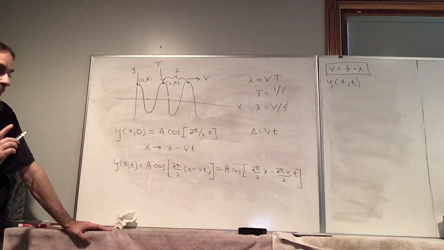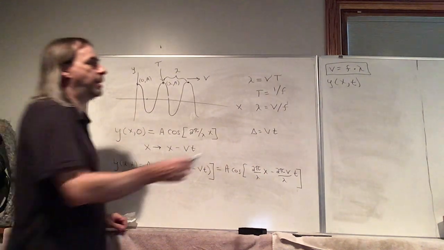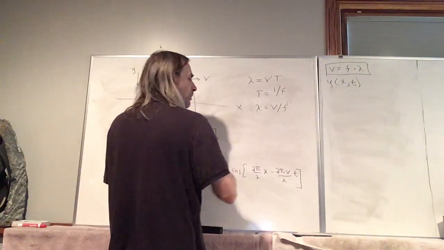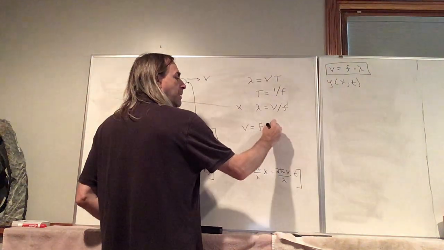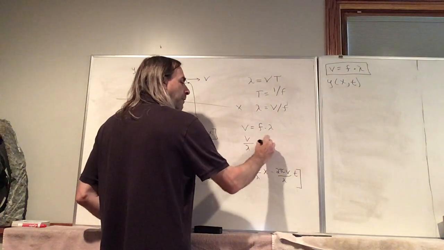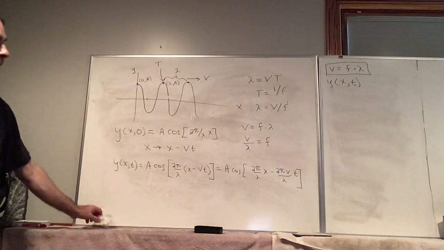Okay. Now, v over lambda. So let's look at this equation. If we have v is equal to the frequency times the wavelength, if we divide by the wavelength, v over lambda is equal to the frequency.